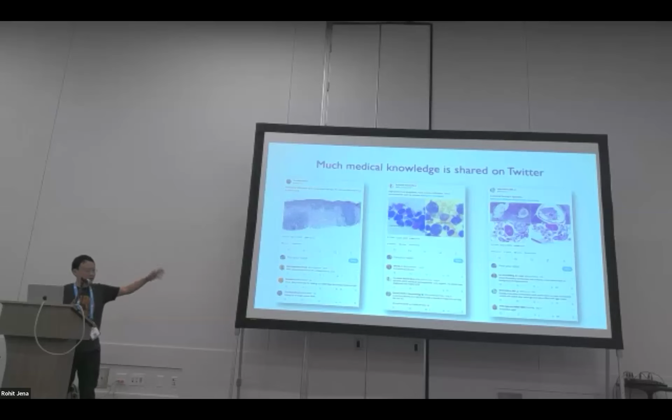What's also important is that for each image, you also see a corresponding discussion by multiple clinicians from different parts of the world trying to interpret what's going on in the image. It might be surprising that doctors put images on Twitter and ask for help, but this is actually pretty common practice.